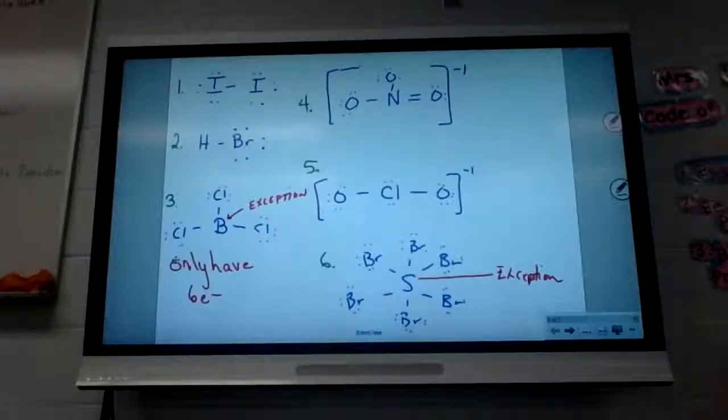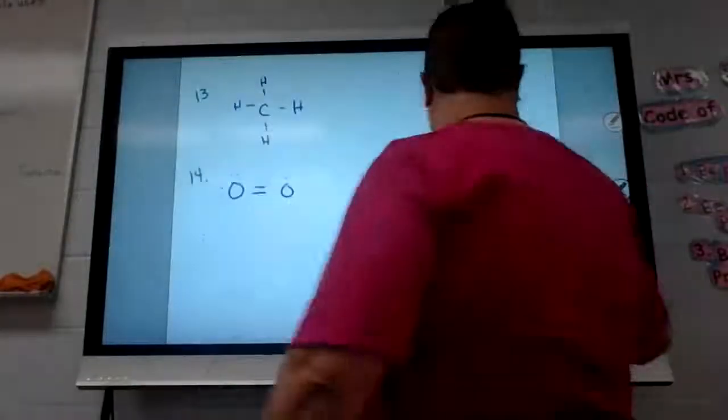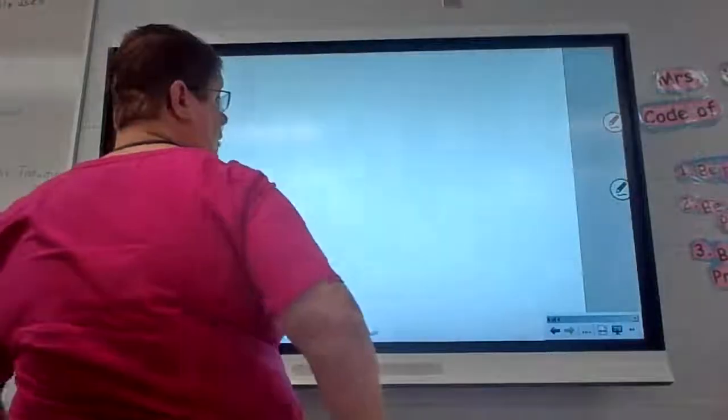I'm writing down the long complicated one. The BR one, I don't understand. You just draw sulfur in the middle, and how many bromines does it have? 6. Draw all 6 around it. So when you add up the electrons, how many electrons did you add up last night? 48.